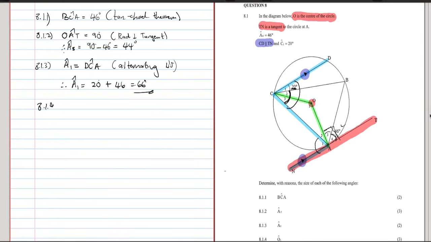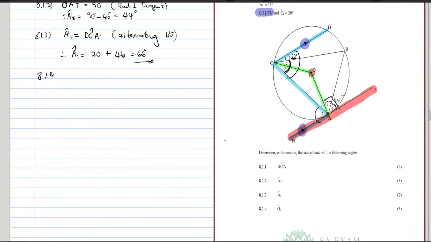8.1.4, we are looking for angle O1. Okay, 3 marks. That's rather interesting. You know what?